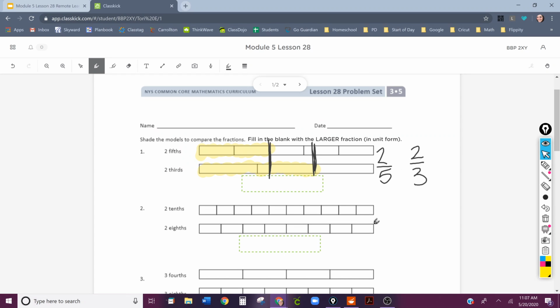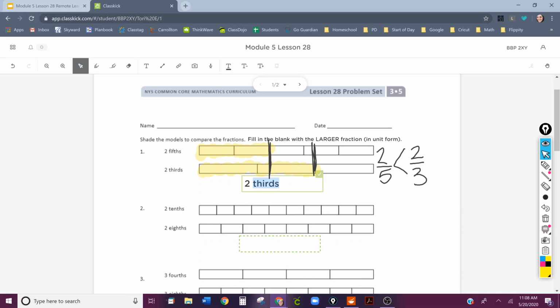So if we were comparing them, we would make our alligator eat the bigger fraction, which is 2/3. 2/5 is less than 2/3. So in the box, you just need to type the larger fraction, which is 2/3. So remember, you need it in unit form. See how I got the check mark?